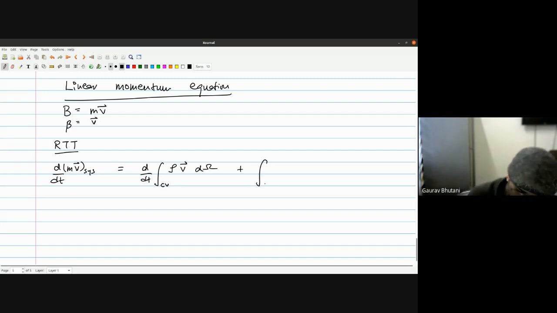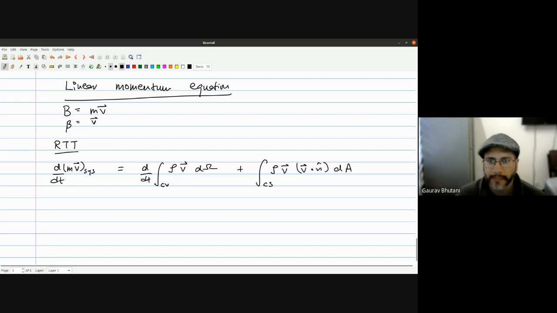And then we have the control surface term rho times beta times V dot n dA. So that's the Reynolds transport theorem written for the linear momentum, that is capital B being the linear momentum. So beta becomes the velocity field V.